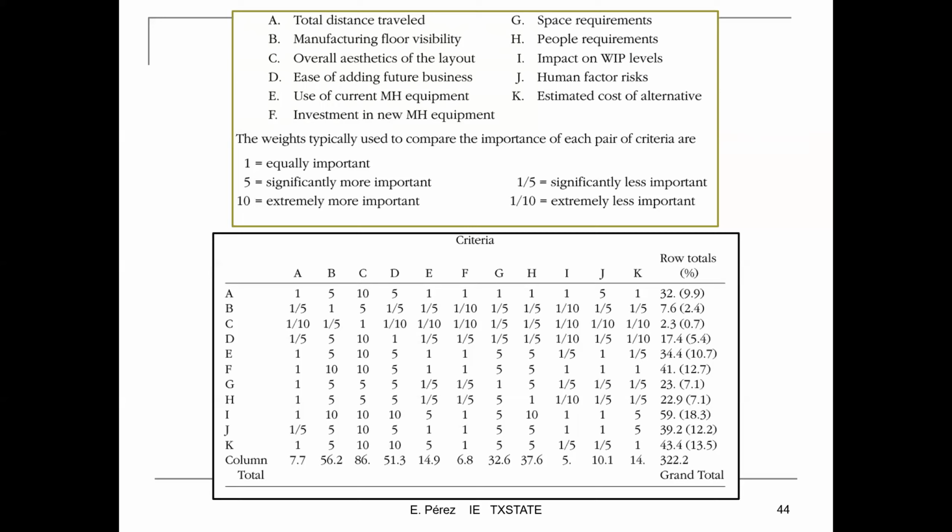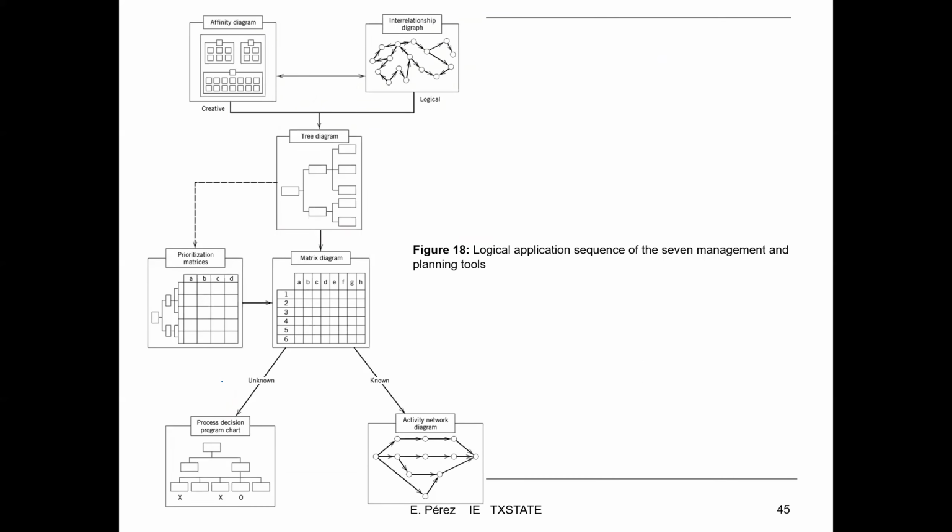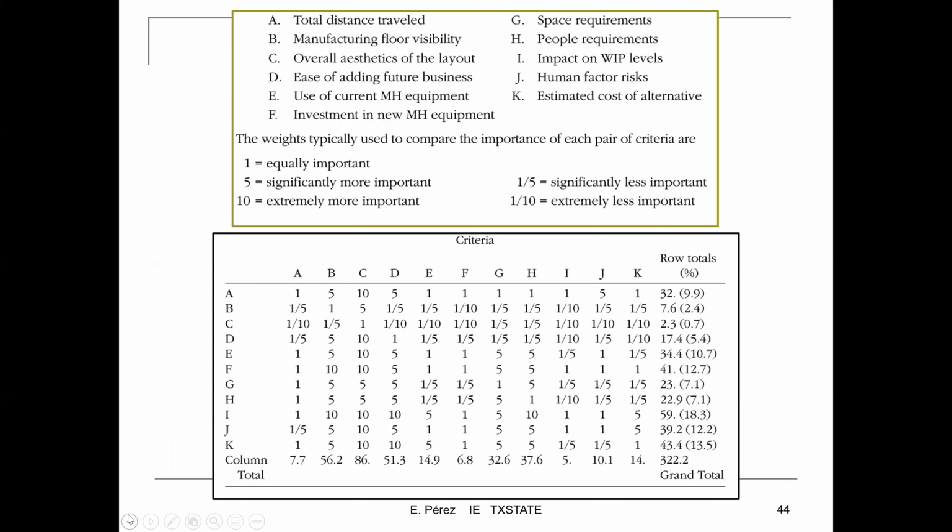For all these criteria, we are creating a matrix in which we list them vertically and horizontally. Then we start comparing two criteria and assigning how they compare to each other.